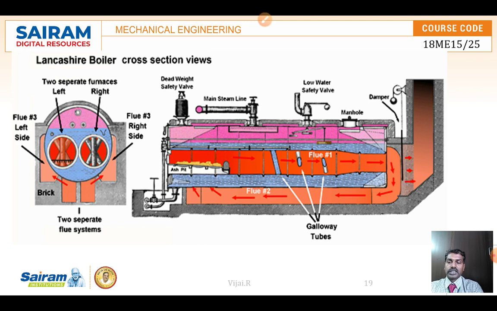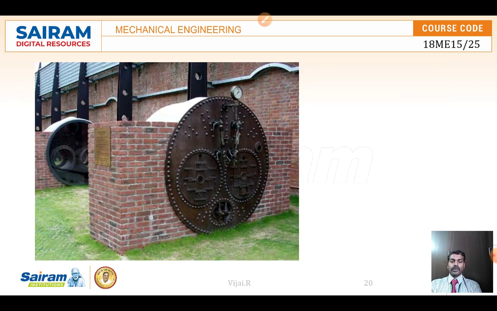The generated steam can be taken to the steam turbine through the main steam line. There are also other mountings and accessories: a manhole and safety devices such as dead weight safety valves. These are useful for the safety of the pressure boiler, because high pressure is created when hot steam is produced.